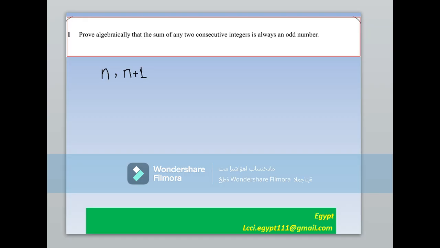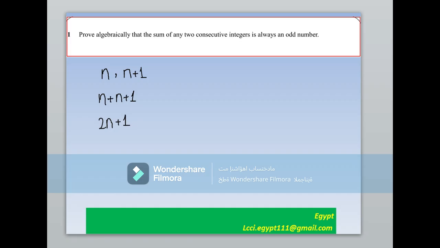Is it right? Of course. What about the sum of any two consecutive integers? So you must add these two numbers. Continue. n plus n plus 1 equals 2n plus 1.